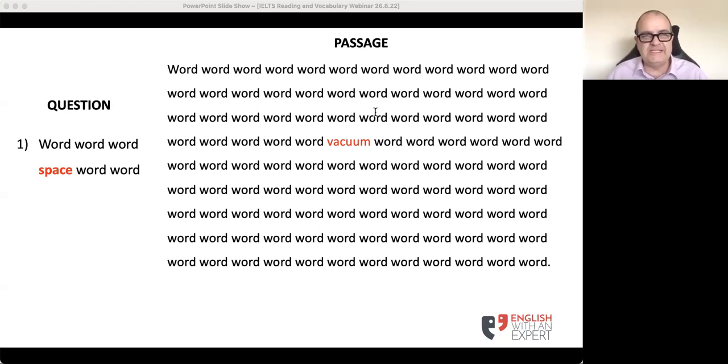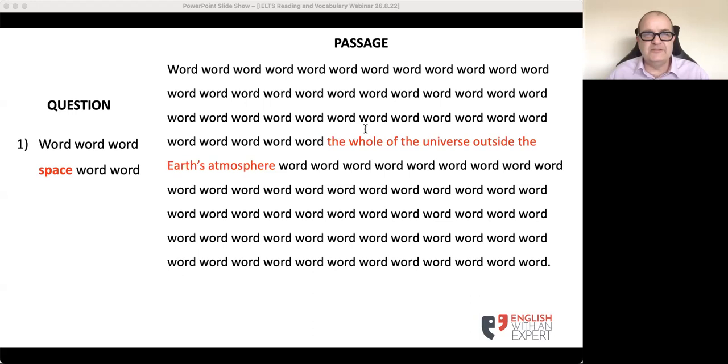So it's a completely empty space. Good. Okay, here is what we call a real parallel expression, where we're using more than one word as basically a synonym, a parallel expression of the word in the question. So we've got here the word space and then the whole of the universe outside of the Earth's atmosphere.